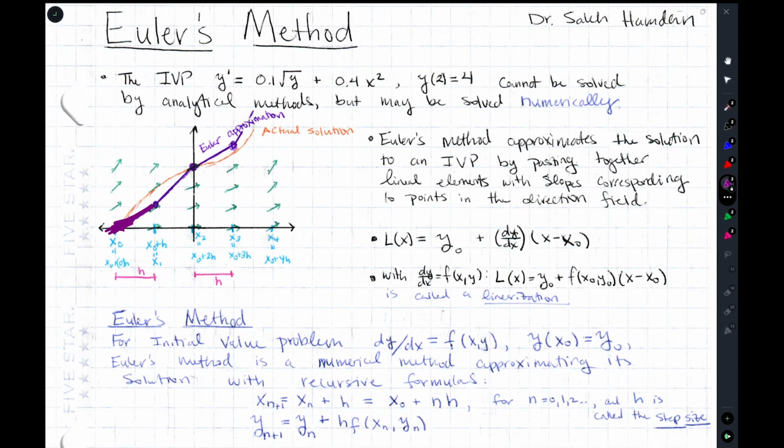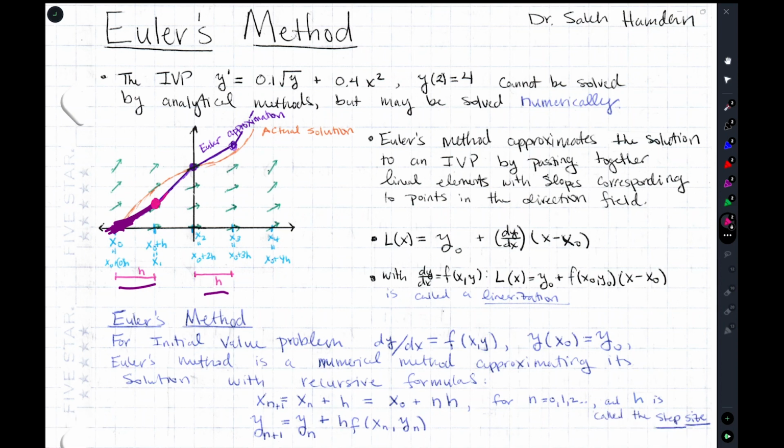And how long will that line be? Well, it depends on the step size, how far we want to go along the x-axis for that one line. You could imagine that if we have a very large step size, all we're going to get is just a line, and it's not going to be accurate at all. So we decide on how far along the x-axis we want to move before we stop again and say, all right, well, now we're at this new point here.